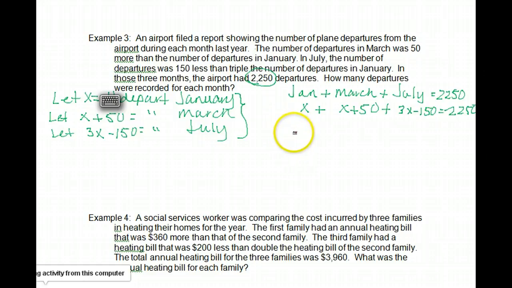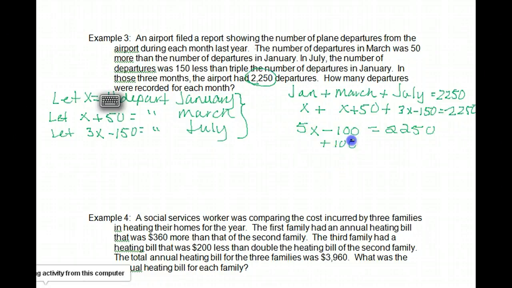We can now combine like terms. X plus 3x is 5x. 50 minus 150 is negative 100, so I'm going to write my minus 100 and bring down my equals 2,250.